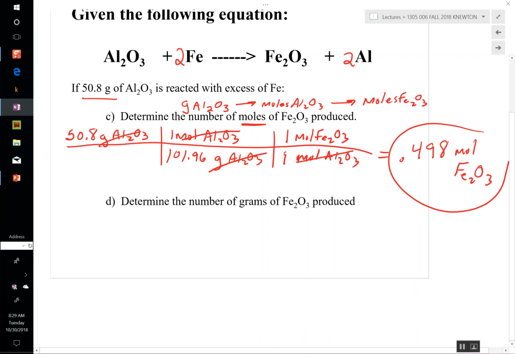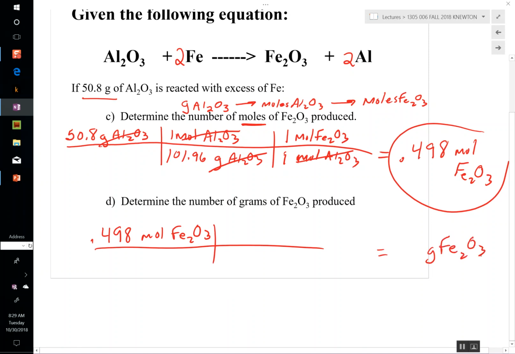Okay, now part D, what can you do to simplify part D? Use the answer to part C. So start right here. Did you all get 0.498 or 0.497 or 0.98? Rounded off to 0.498. Okay. So you got moles of iron oxide. And how do we go to grams of iron oxide? What's the magic number we need?